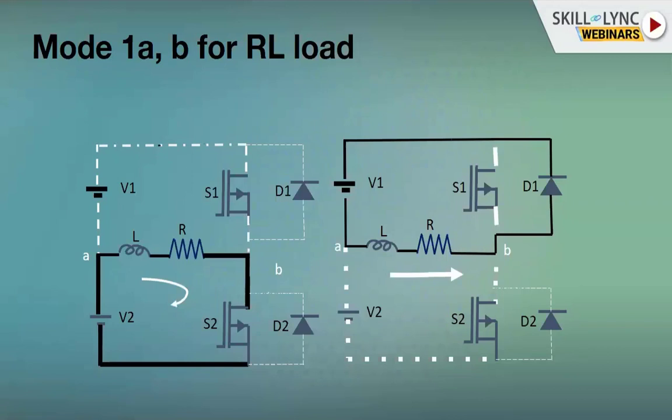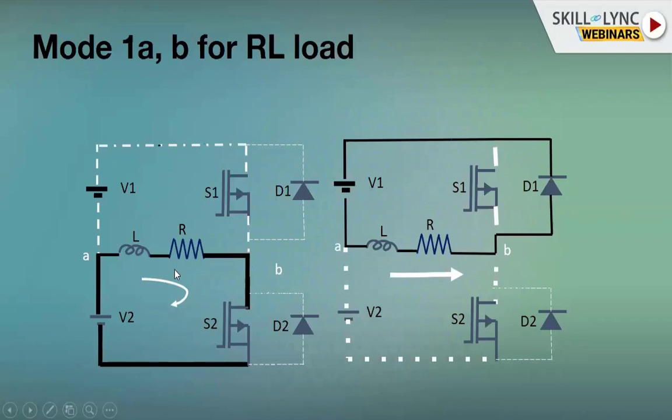So what would the inductor do now? It has stored some energy in this particular mode of operation. Now it tries to give back that energy to the source and maintain the current in the same direction from A to B, but in turn it forward biases the diode D1. This voltage, which was A positive, due to the reverse action, now B would become positive and A would become negative.